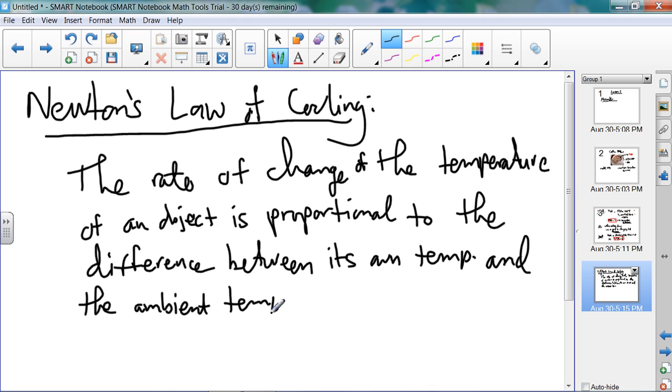So if we apply this in our context, this is going to give us a differential equation, which is going to be first order. But as we'll see, it's non-homogeneous. So that's going to require a new solving method.